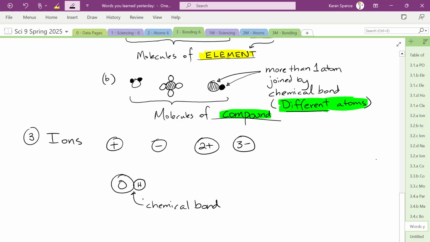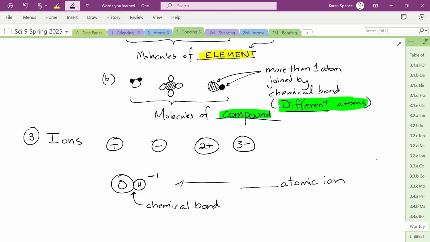And this entire thing has a -1 charge. This particular type of ion is called a something-atomic ion because it contains many atoms.